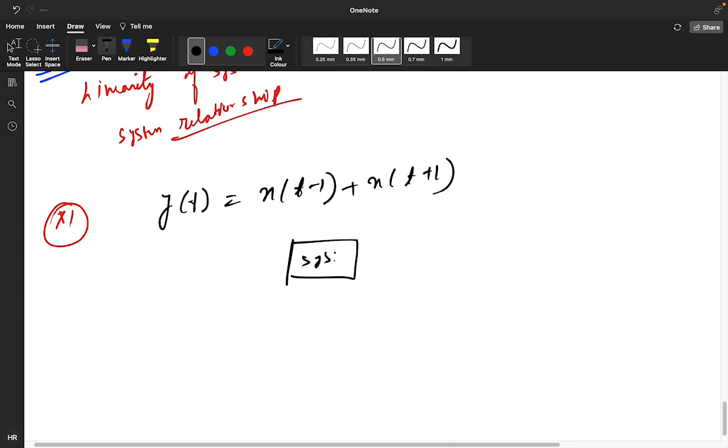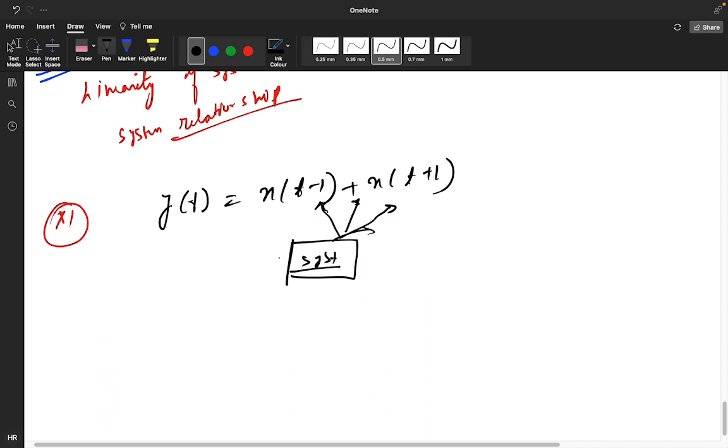My system first delays the signal, then advances the signal, and then adds. This is the property of the system. Means it first delays the signal, then advances the signal, then adds.